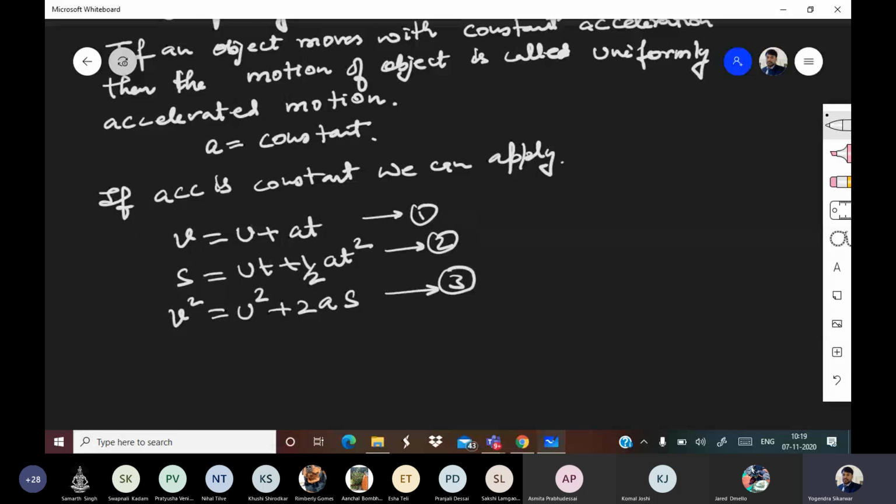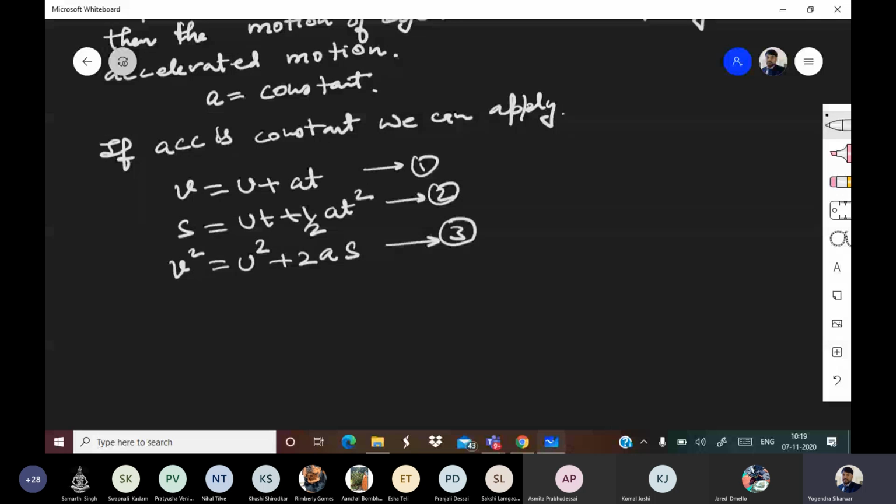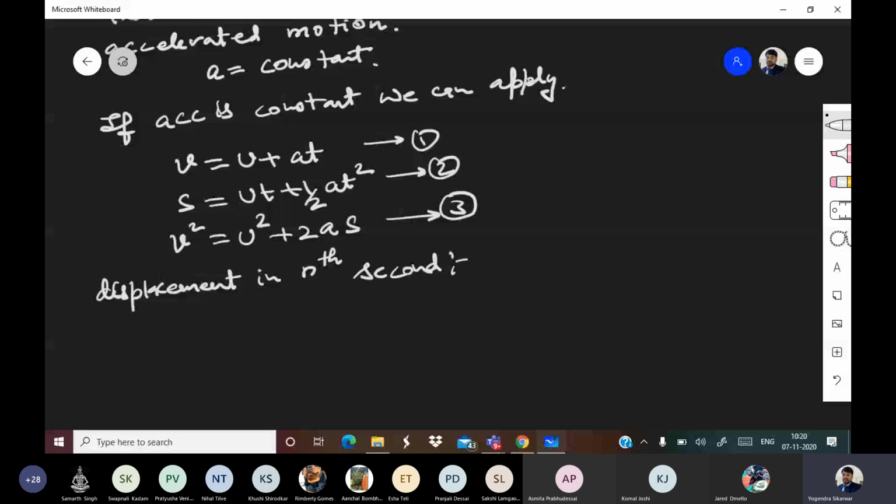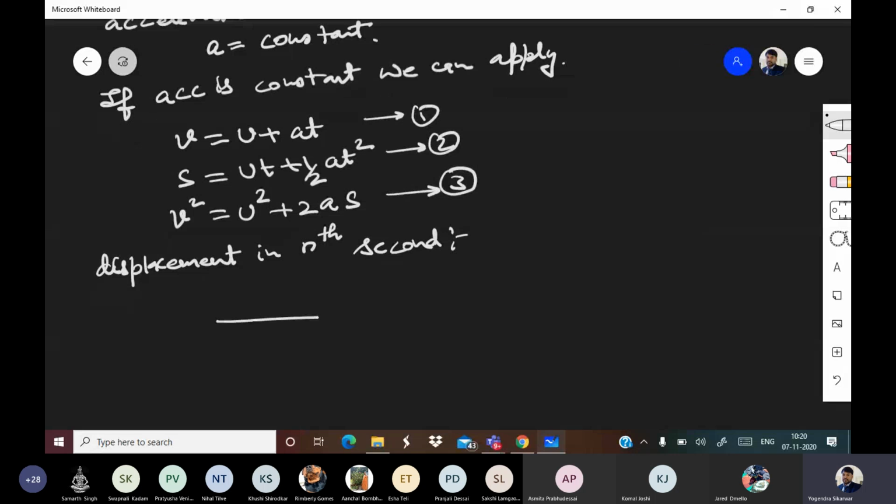Now there is something called displacement in the nth second. What does it mean? Suppose an object travels for n seconds, and in n seconds it travels Sn. The total displacement is Sn in n seconds.